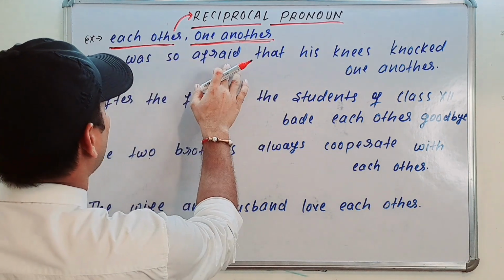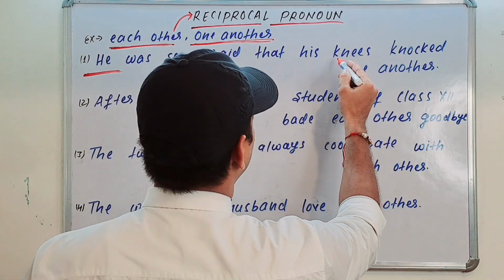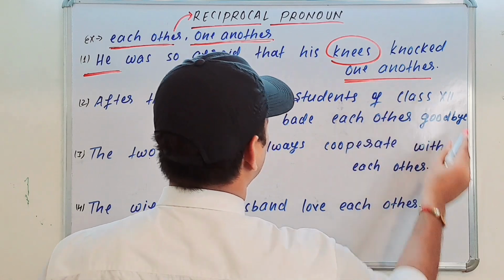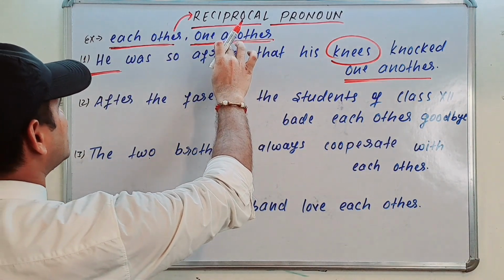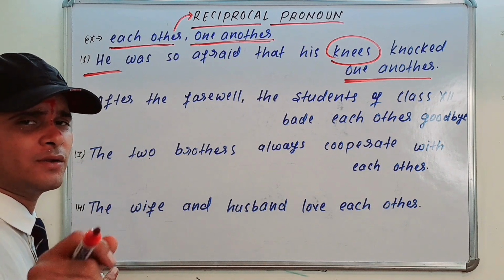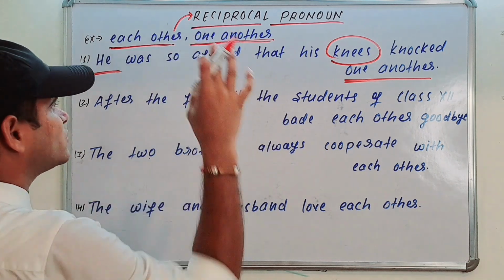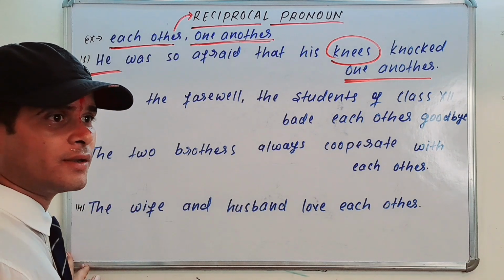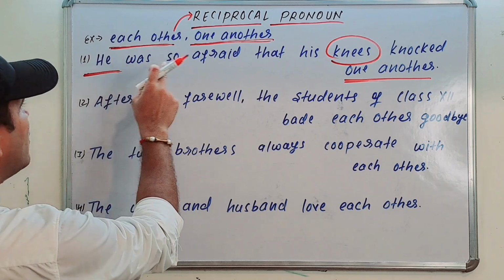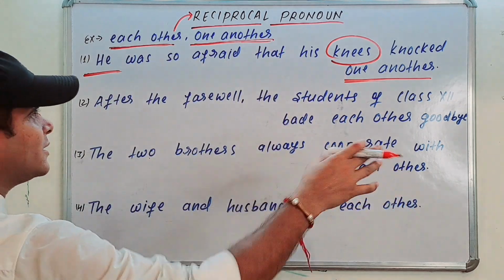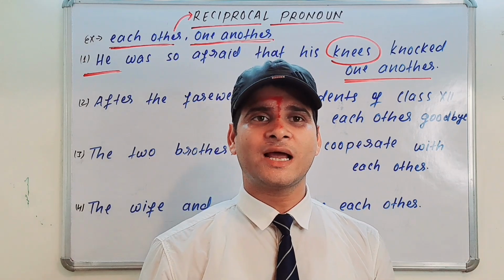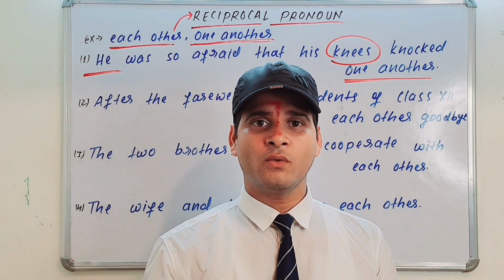Now, I told you, my dear students, that one another is only used for more than two. Keep in mind, don't forget it. One another is only used for more than two in number, but here we are discussing only one person, and his knees.